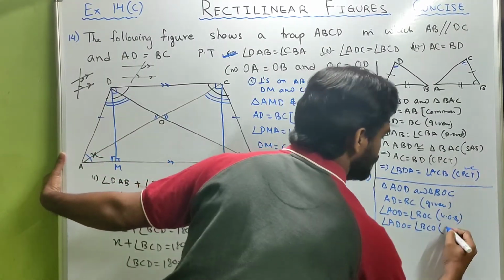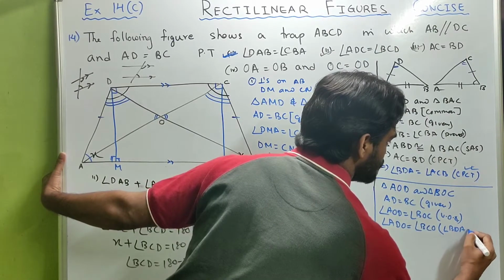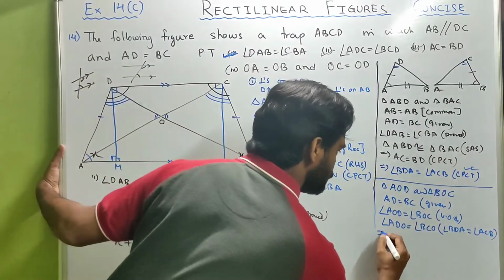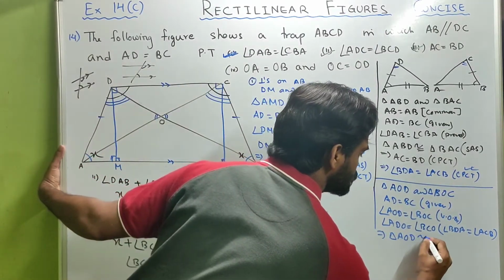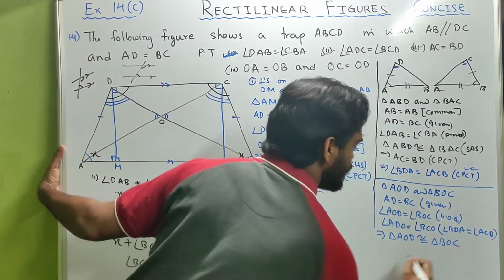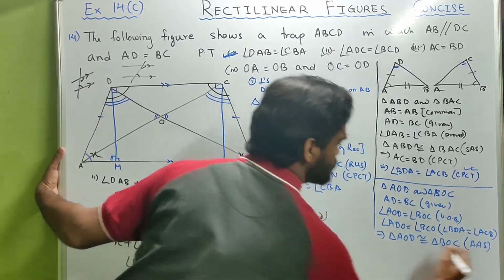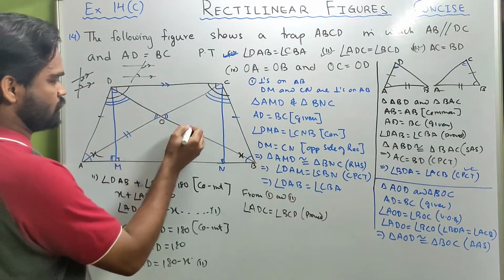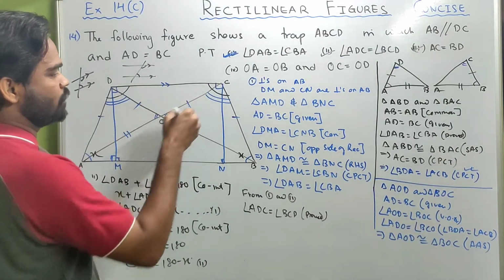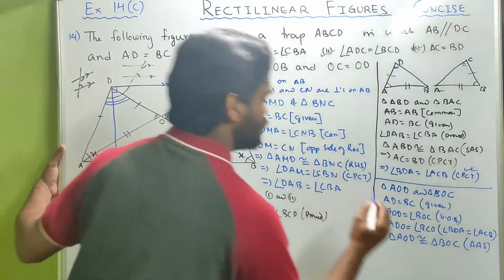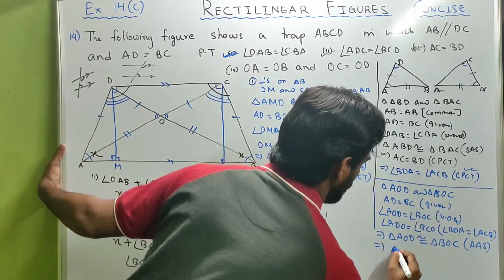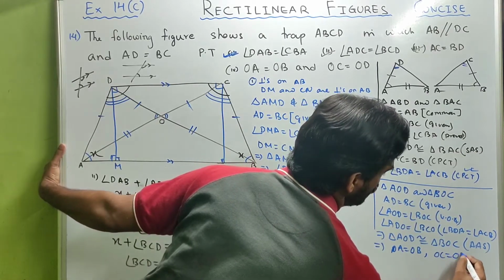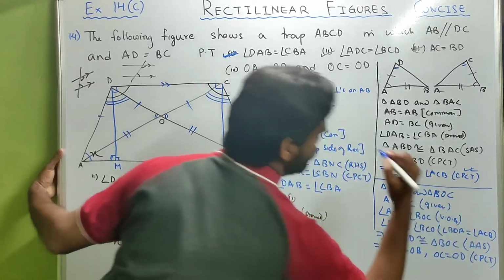Because we have already proved that angle BDA is equal to ACB, which means triangle AOD is congruent to triangle BOC, and if they are congruent, definitely AO is equal to OB and OD is equal to OC, isn't it? Which implies OA equals OB and OC equals OD, CPCT for both of them.